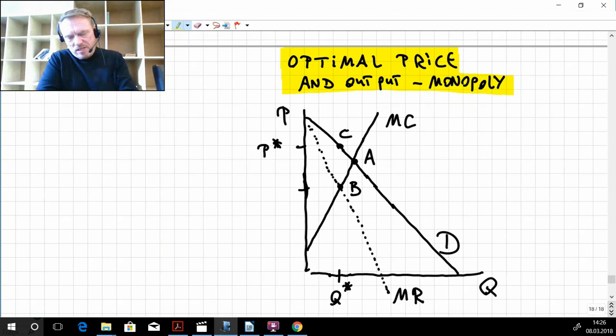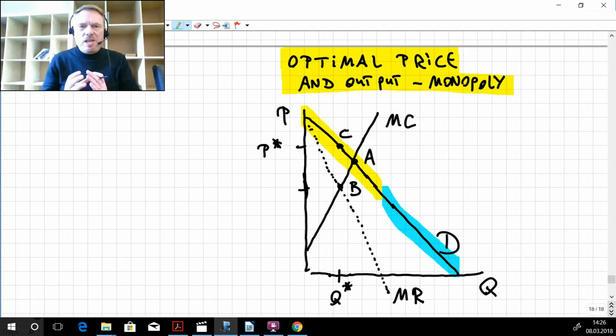The first half is like here, the yellow line, and again there's another half like this one. And it is true that the optimal price of a monopoly, meaning C, is always situated on the elastic part, which is the yellow one. The blue one is not. The blue one is the inelastic part, but the yellow one is the elastic part.